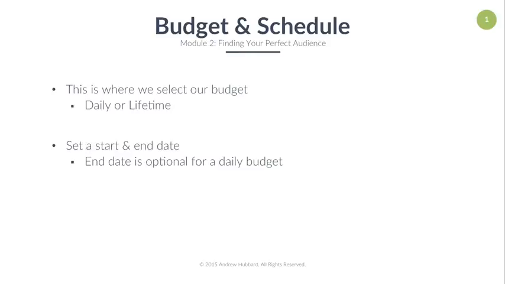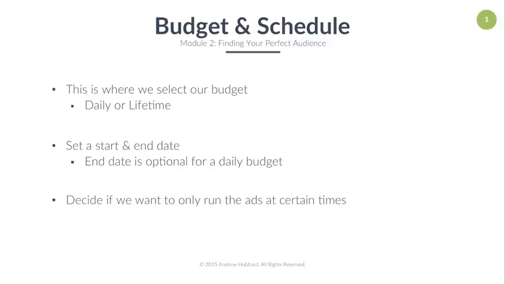But if you choose a daily budget, you don't have to put in an end date. You can just set your start date, let it run on a daily budget, and you can end the campaign manually whenever you're ready. And the other thing we need to do in this section is decide if we only want to run ads at certain times or if we want to run them at any time during the day.